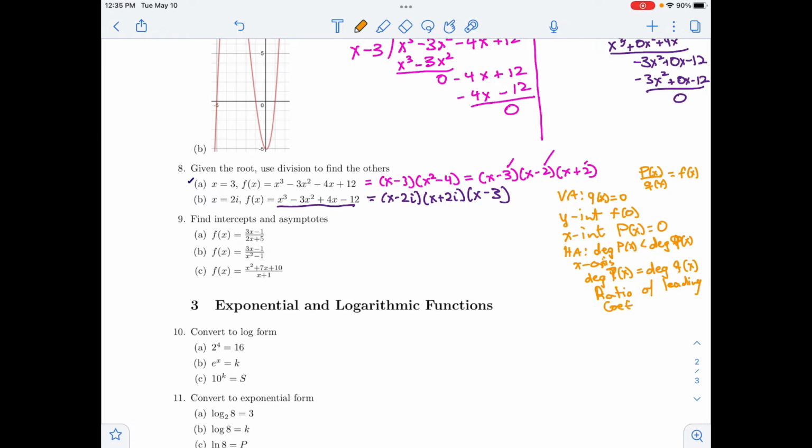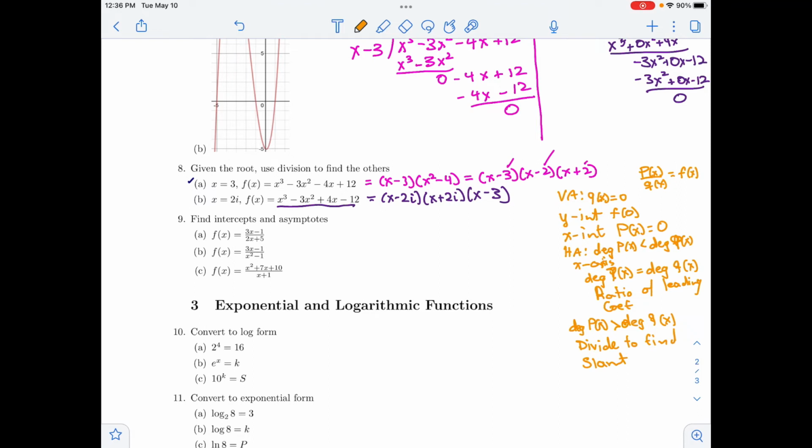If the degree on the top is greater than the degree of the bottom, then there's no horizontal asymptote. You divide to find the slant. So let's see how these would work.